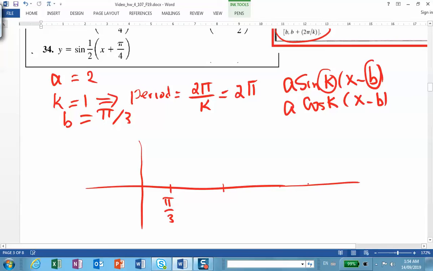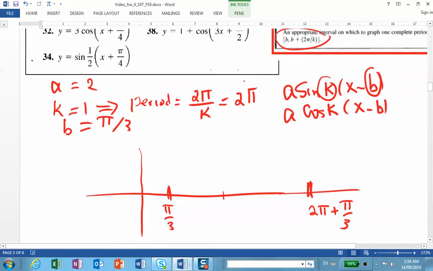So this is going to be 2 pi plus pi over 3. Okay, so this is one cycle of the sine curve. This was sine, right? It is going to fit in there.